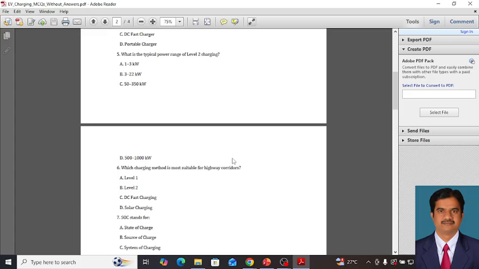Fifth one, what is the typical power range of level 2 charging? 1 to 3 kilowatt, 3 to 22 kilowatt, 50 to 350 kilowatt, fourth option, 500 to 1000 kilowatt.